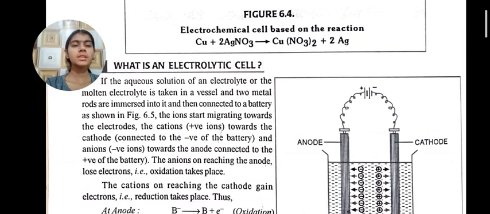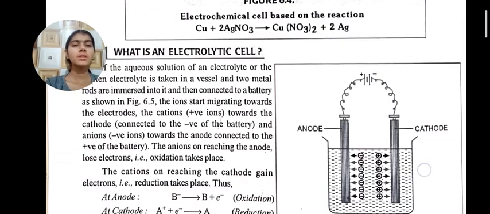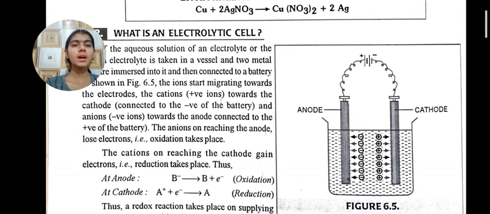The cations, that is the positive ions, move towards the cathode connected to the negative of the battery, and anions, that is negative ions, towards the anode connected to the positive of the battery. The anions on reaching the anode lose electrons, that is oxidation takes place on the anode. The cations on reaching the cathode gain electrons, that is reduction takes place.